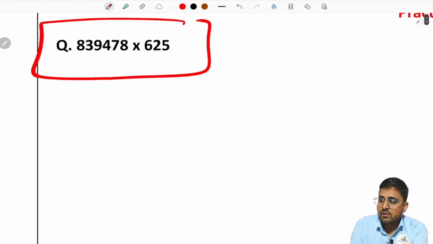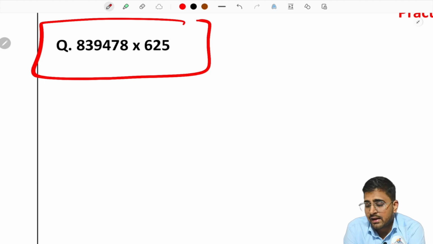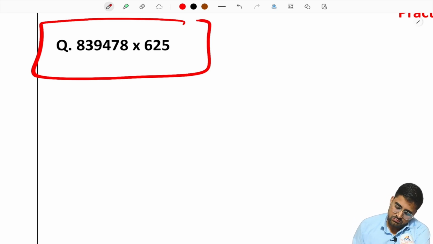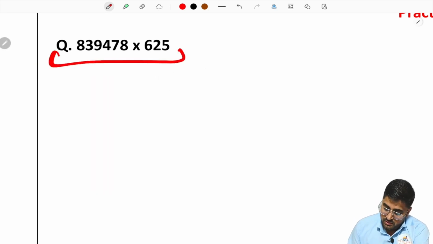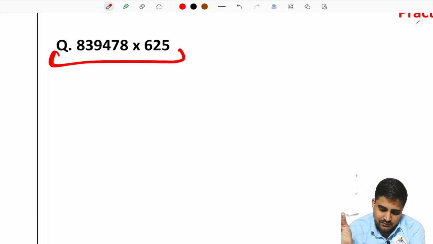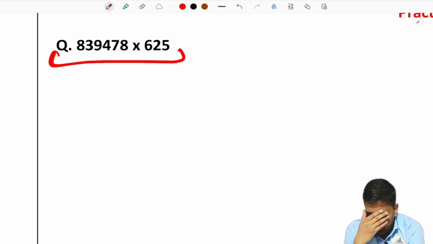This kind of question will not come in your UPSC examination, but it is important. Why? You may think that on one hand I am saying it's not important, and on the other hand I am saying it is very important for your UPSC examination. How? See, when you are performing some mathematical operation in your examination and you come across this kind of calculation, are you going to multiply?